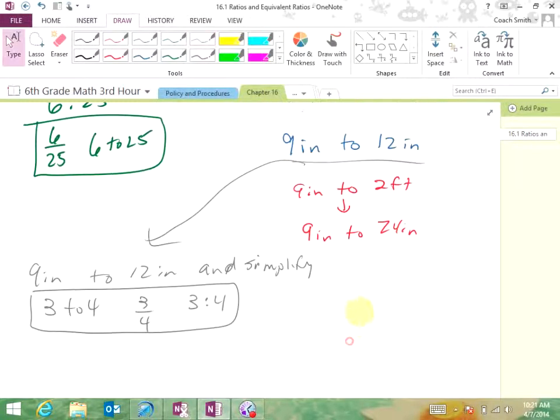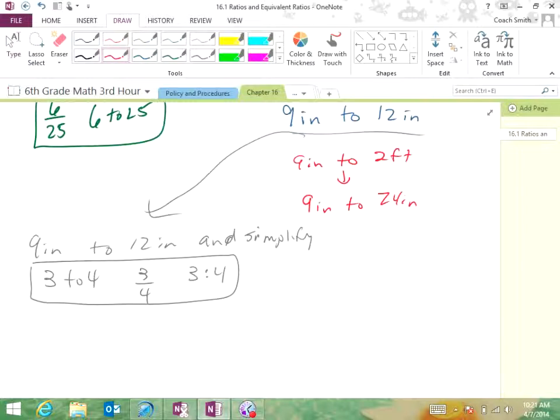All right, do this one on your own. 30 over 2. I want you to simplify it and list it 2 other ways. Simplify it and list it 2 other ways.